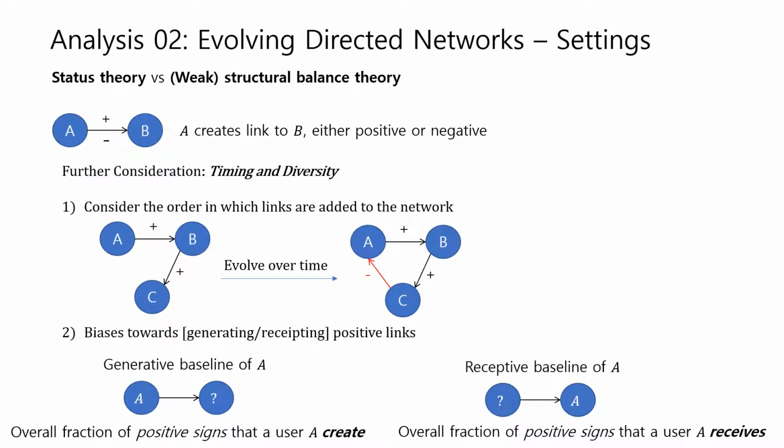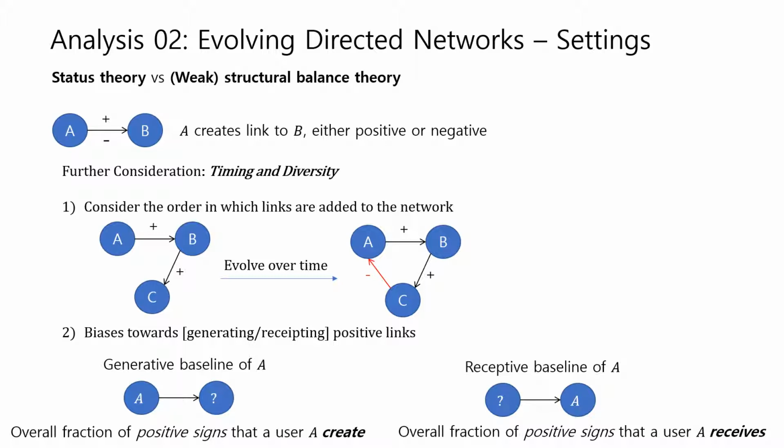For second analysis, they explore settings of evolving directed networks, where the networks not only have directed edges but also evolve over time. By making status of networks time-dependent, we can compare which model among two different theories is more applicable for predicting future status of networks given incomplete observations.